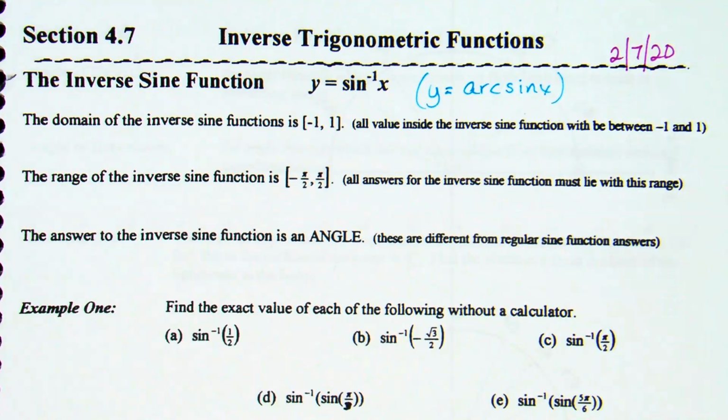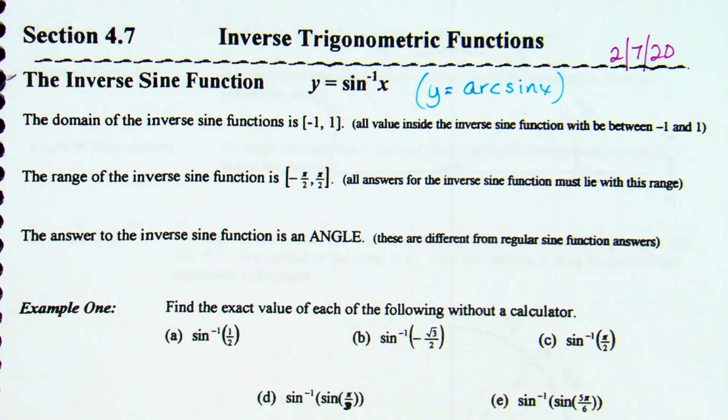I know AP Calc definitely goes both ways, and I believe our book does some of both. So you could see them say, what is sine inverse x of this? They could also say, what is arc sine of this? Okay, same thing. So just be aware that those are equivalent.